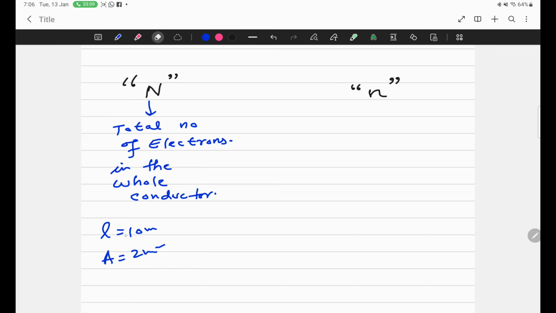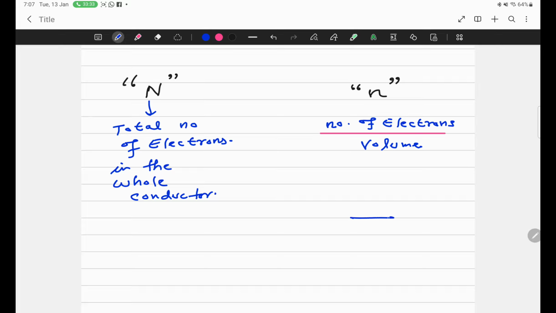It contains total number of electrons, it is capital N. Okay, but small n means number of electrons per unit volume. And you know, in physics, whenever any physical quantity is divided by area or divided by volume, then it is called density.